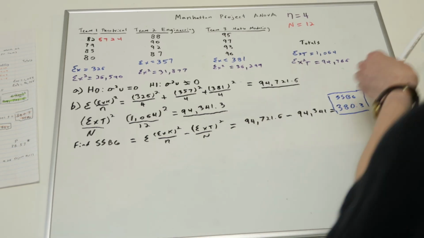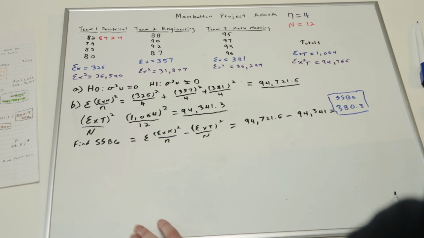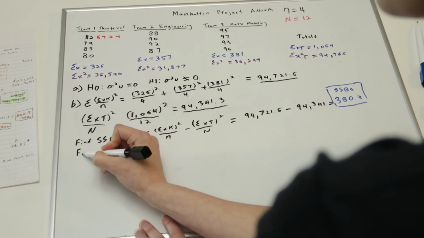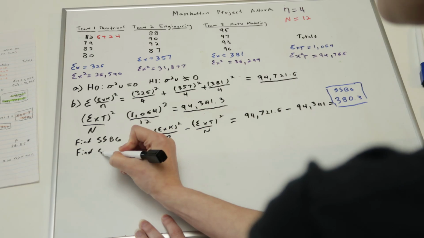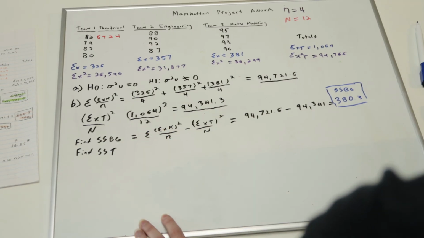Now you want to find the SS total, sum of squares total.